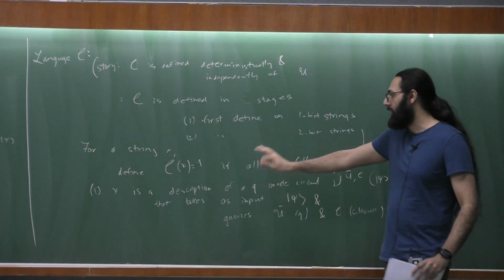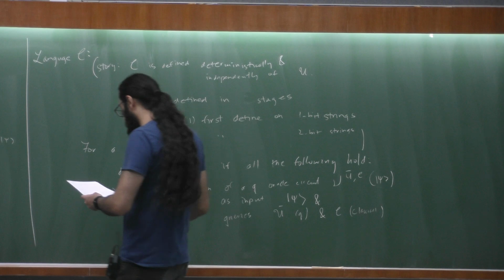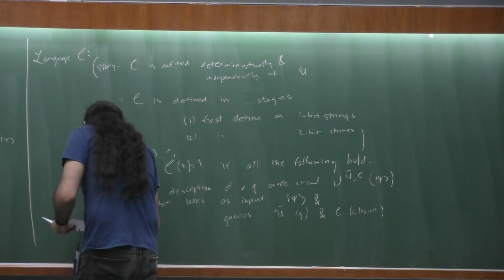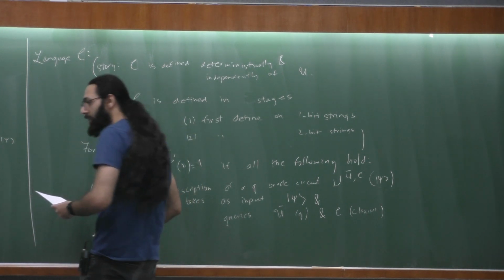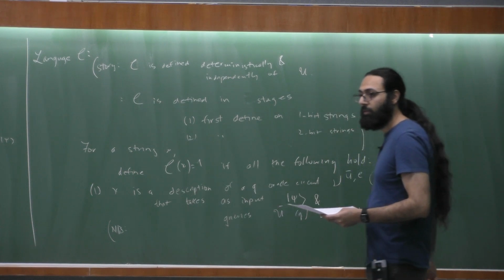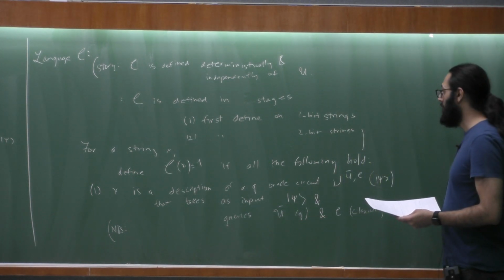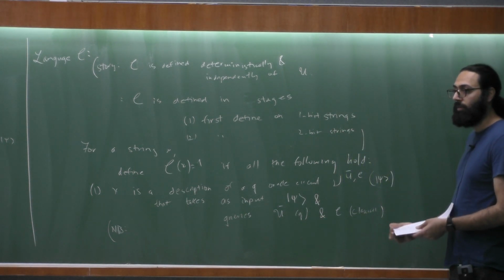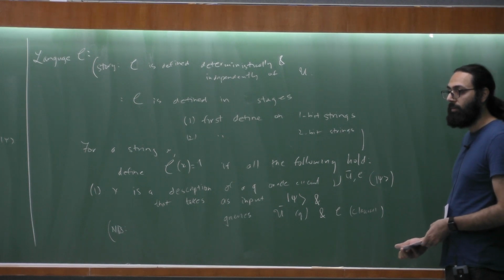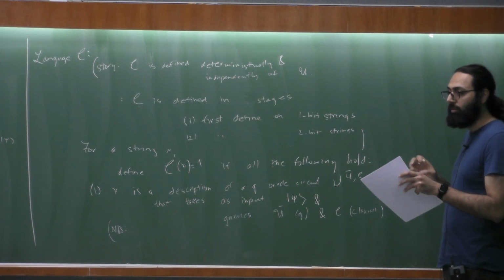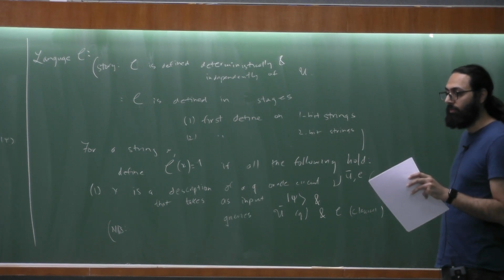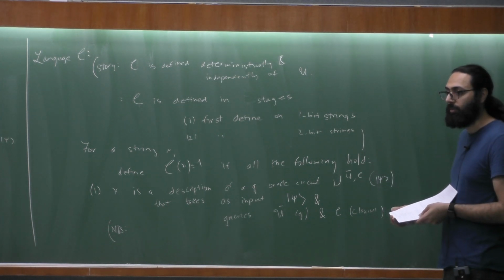So this is just giving a description of such a verifier. But crucially, the oracle is a black box, so what does it mean that I'm giving the description of the circuit? You say apply this unitary, apply this gate, apply that gate, and so on. So it's just a description of the circuit.